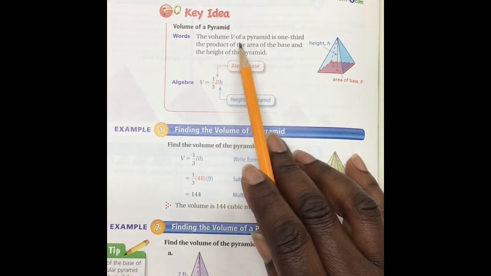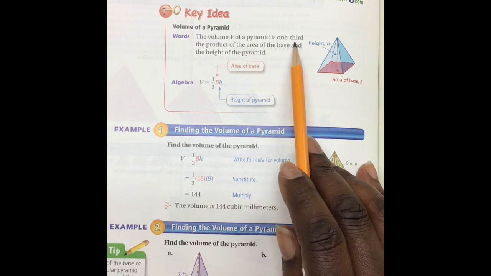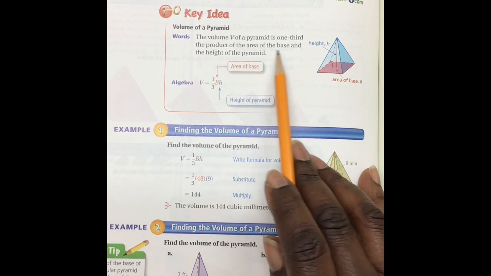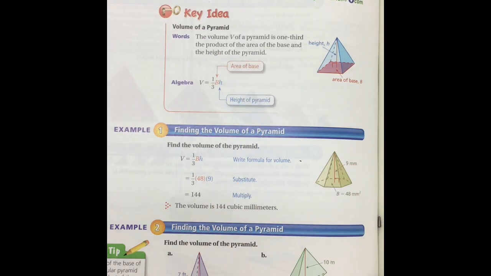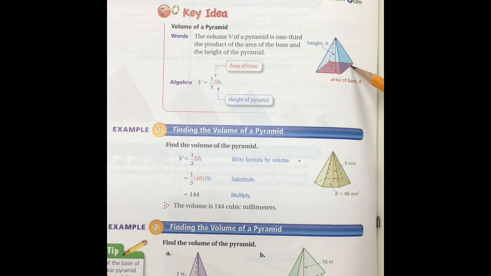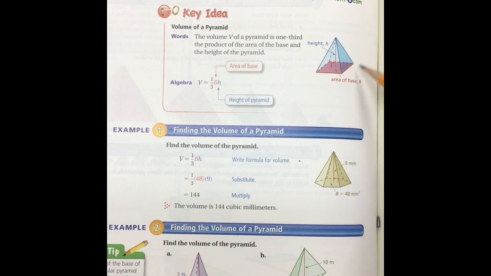The volume V of a pyramid is 1/3 the product of the area of the base and the height of the pyramid. Here we have a square pyramid, and when we have a square pyramid, the base is length times the width.